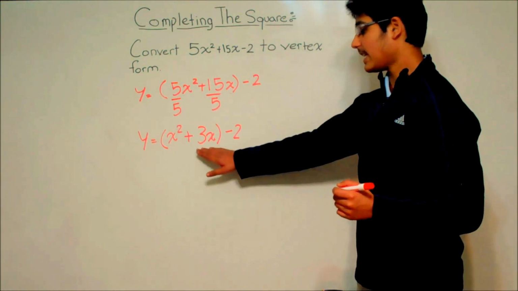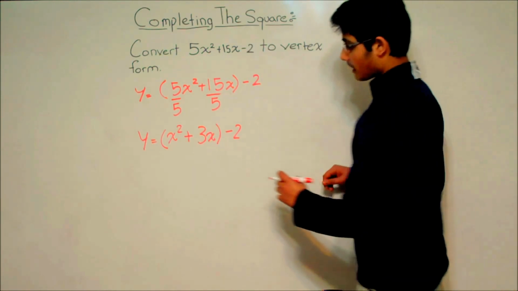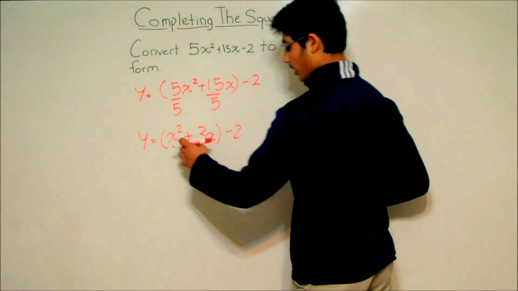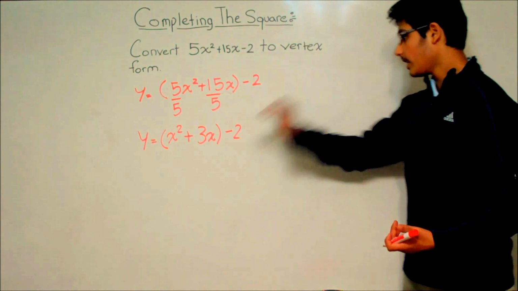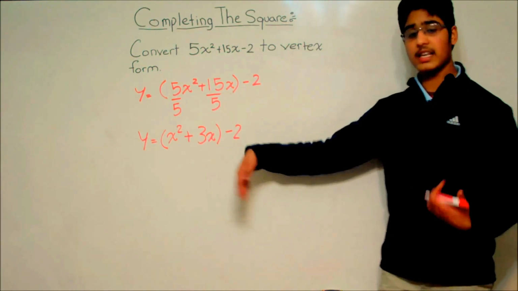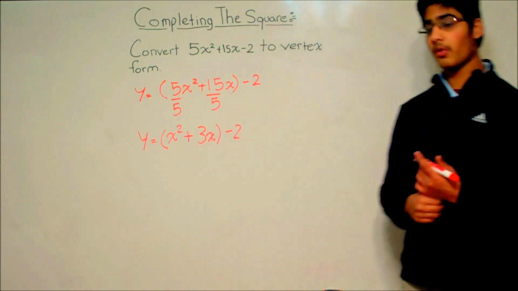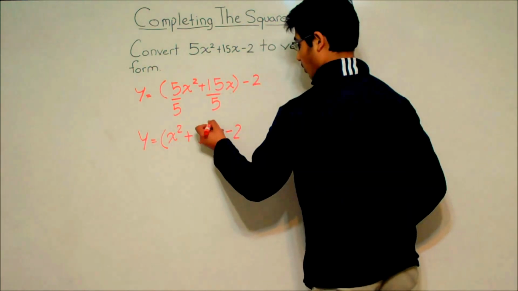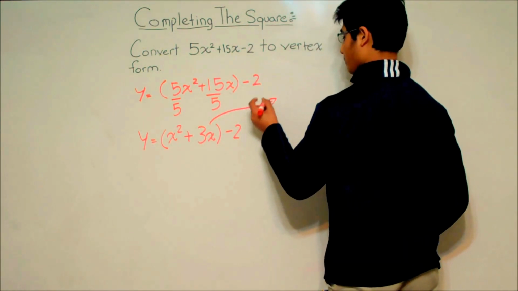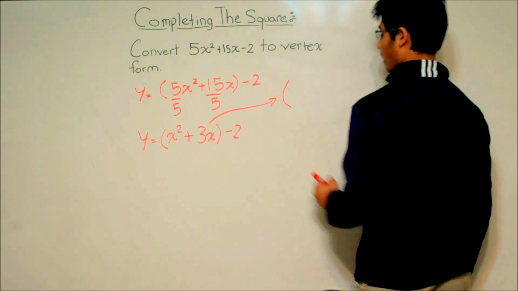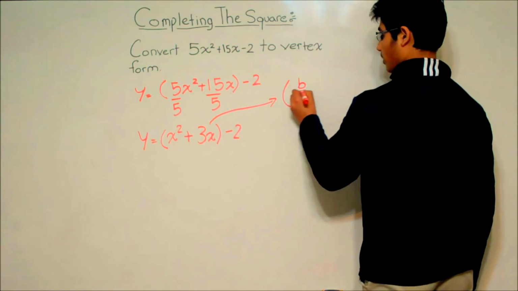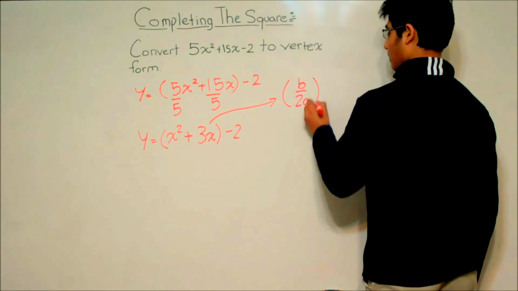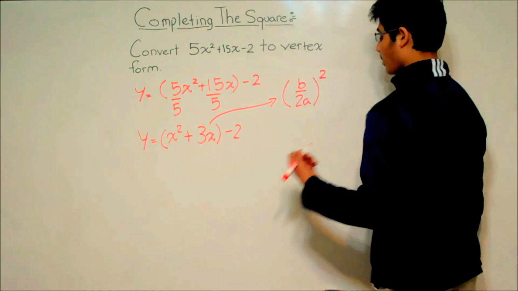But to do that, we need a c value. Here we just have 1x squared, 1 is the a value. Here we have plus 3x, 3 is the b value, but we don't have a c value. To find that c value, we use the square of b over 2a. So b over 2a squared.